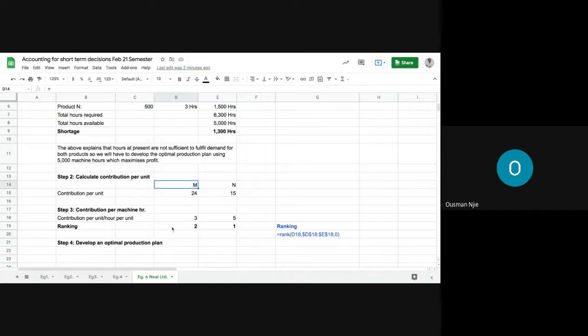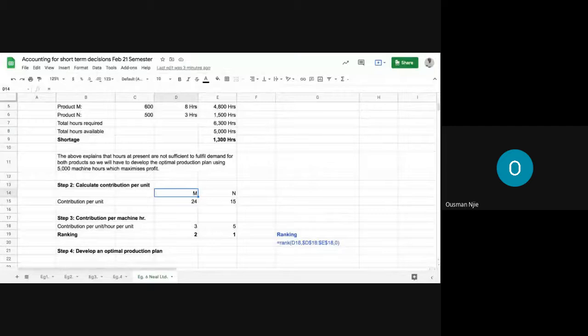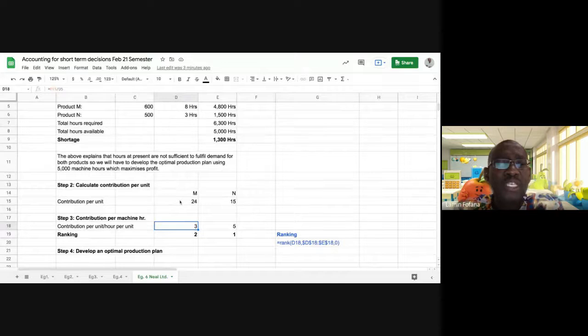Yes, but what I want to emphasize is the one which is more profitable, which is the product N, the number of units there is smaller than the one that is not profitable like product M. You know, profitability is in two folds.